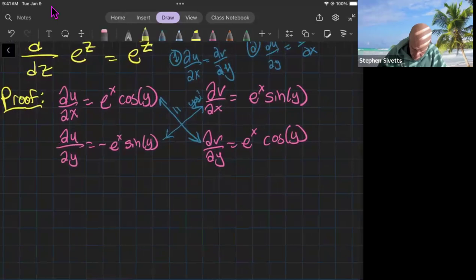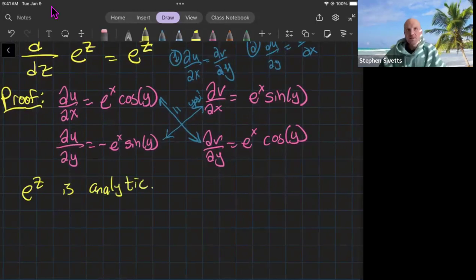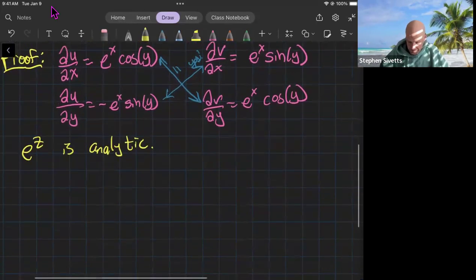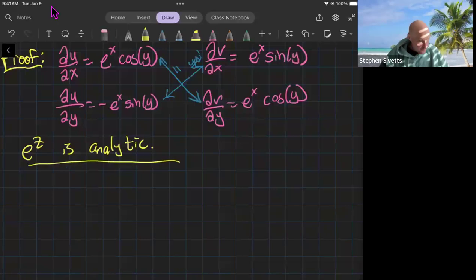Okay, so we know that e to the z is analytic, and we know that f prime of z exists.